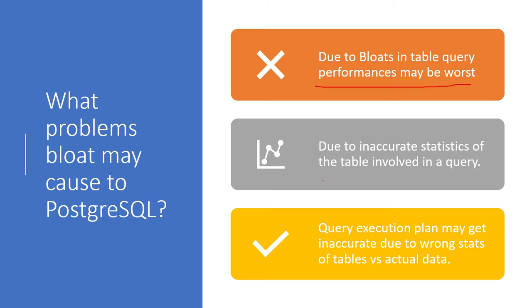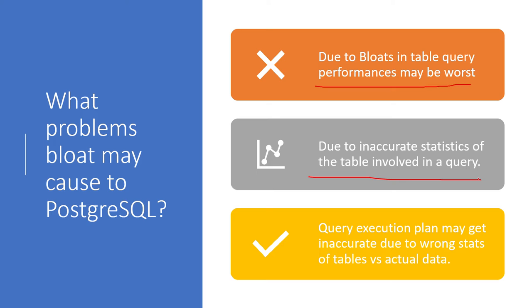Let's say there are 1000 records in a particular table, and due to bloating, this has become 2000 or 3000. I'm assuming that those dead tuples are not removed, due to, let's say, we are not knowing, or due to any reason, we have not removed those dead tuples.